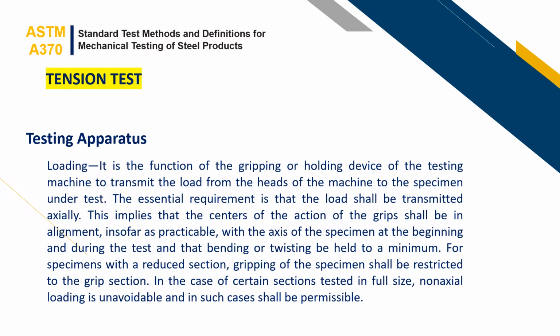This implies that the centers of action of the grips shall be in alignment, insofar as practicable, with the axis of the specimen at the beginning and during the test, and that bending or twisting be held to a minimum. For specimens with reduced section, gripping of the specimen shall be restricted to the grip section. In the case of certain sections tested in full size, non-axial loading is unavoidable and in such cases shall be permissible.